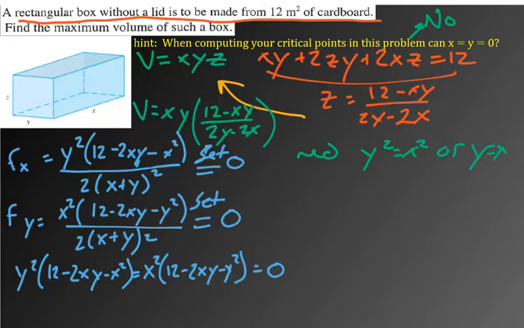And if y equals x, then I can take what I have here, plug in y equals x, and turn it all into x's. So then that would simplify to 12 minus 3x squared, and that thing needs to be 0.